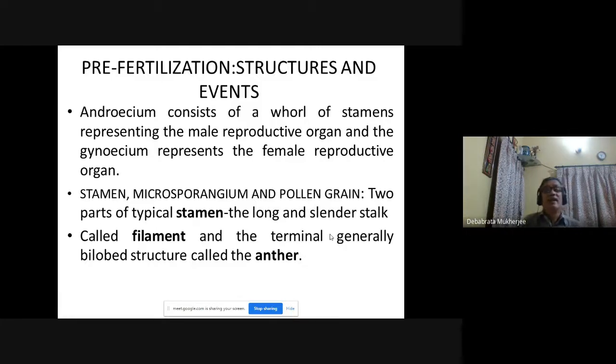Actually, the angiosperms consist of a whorl of stamens, which represent the male reproductive organ, and the gynoecium, the female organ. So the stamen, microsporangium and the pollen grain: the two parts of a typical stamen are the long and slender stalk called the filament, and the next one is the anther, which is the terminal, generally bilobed structure.